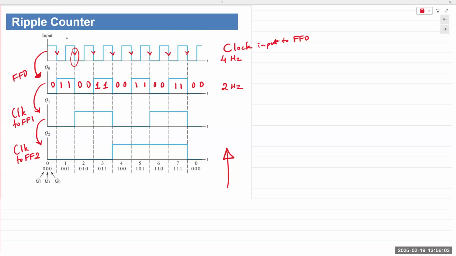But then this Q0 output is fed as the clock input to flip-flop 1, the second flip-flop. And because it's fed as clock to flip-flop 1, you identify the negative edges right here.